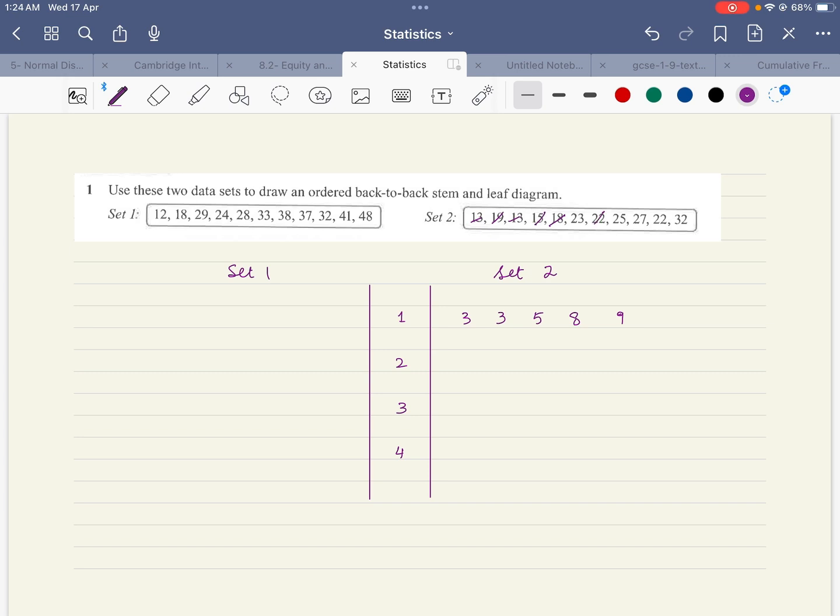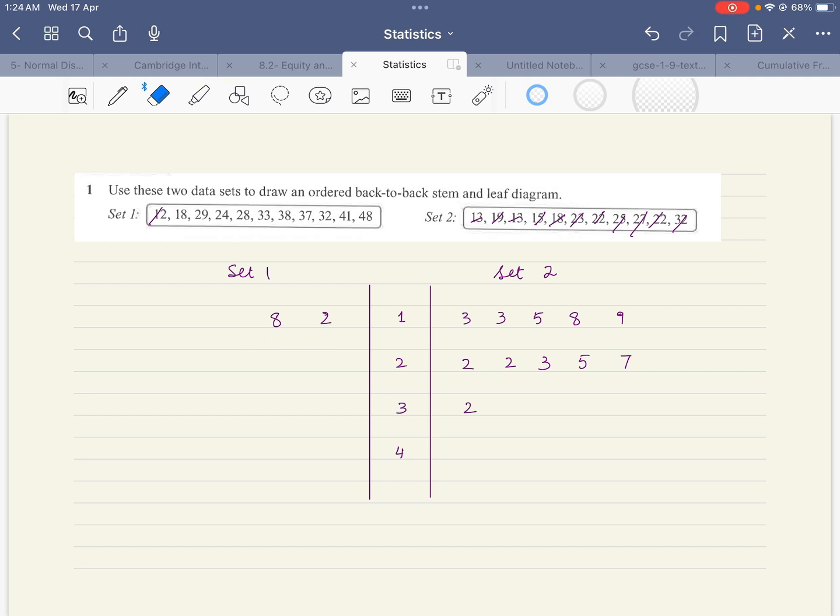Then we have 22, 22, 22, 22, 23, 25, 27 and 32. We don't have anything for 4 here and that is okay. Now let's look at set 1. 12, 18. The order will go in this way. Here smallest and then it will move towards largest.